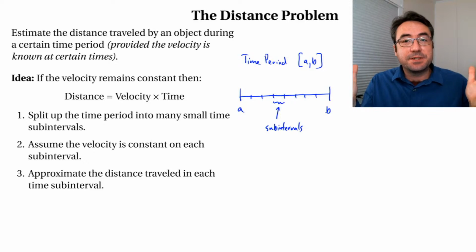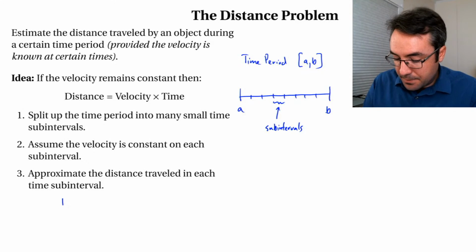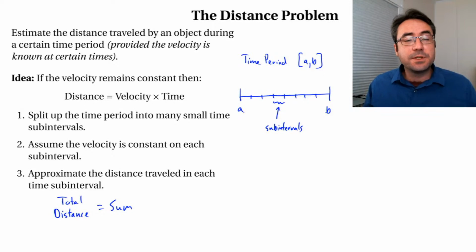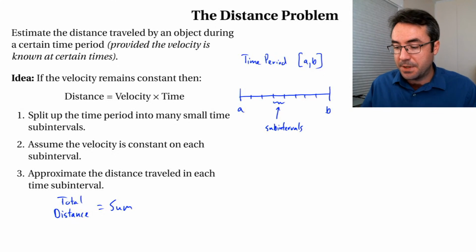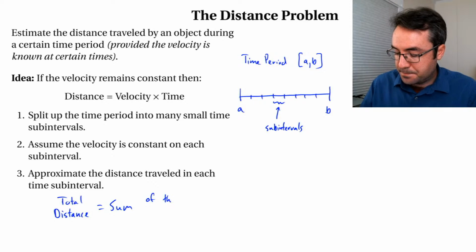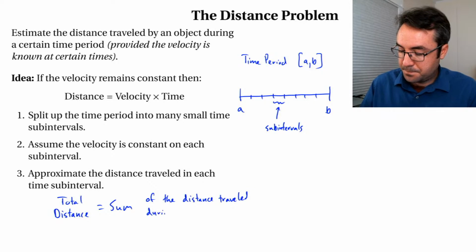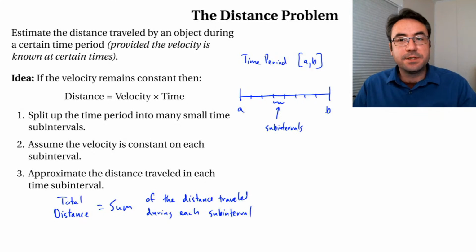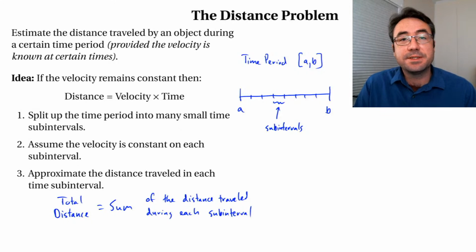And so to get the total distance, we're just going to add up the sum of all those little tiny distances that we traveled. So during each of those little subintervals, we travel a little bit of a distance, and we add all those little distances together to give us the total distance that we traveled.